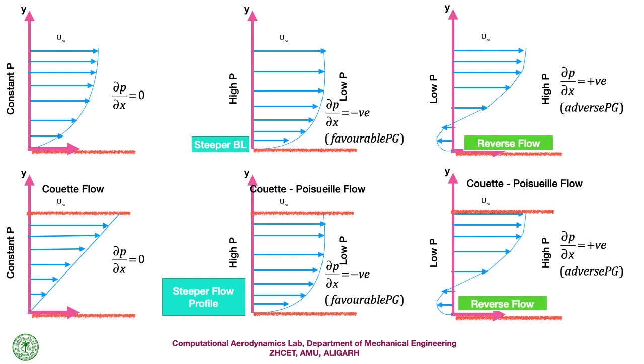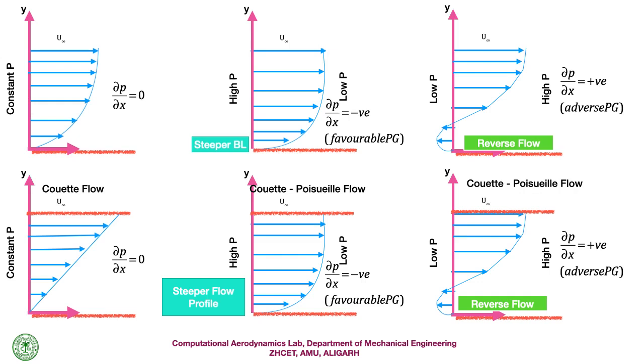Now if I go to the adverse pressure gradient profile, you must remember that there is always a pressure gradient at which there is no flow. You can calculate a pressure gradient where there is no flow in the channel between the two plates, and if you increase that slightly further, there will be a slight reverse flow.